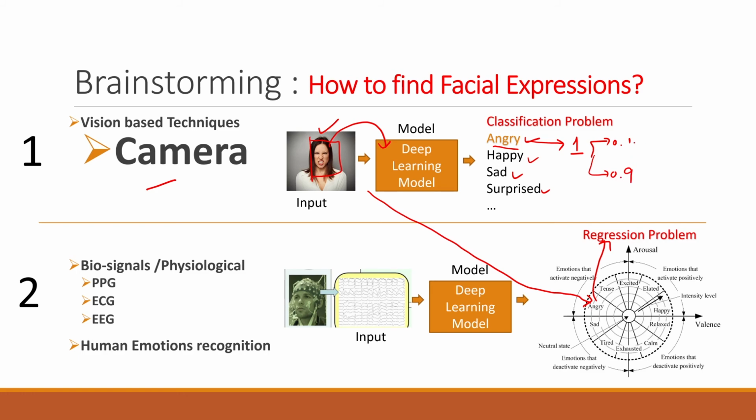If the deep learning architecture based on the biosignal outputs 0.1, it means a low level of angriness. Similarly, if it says 0.9, it means a high level of angriness, and then it can be converted into tense, excited and other different categories.